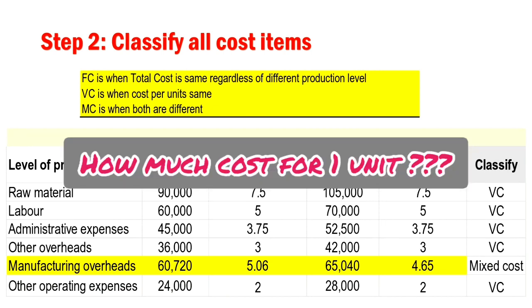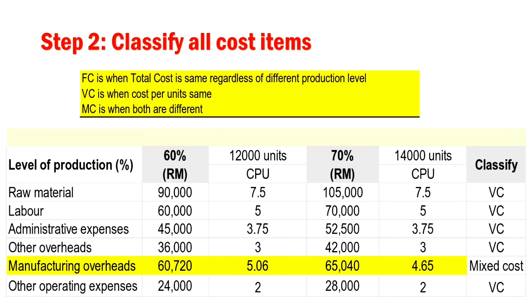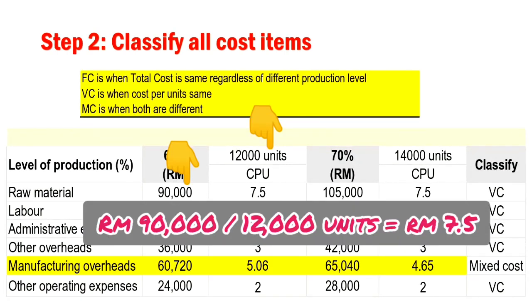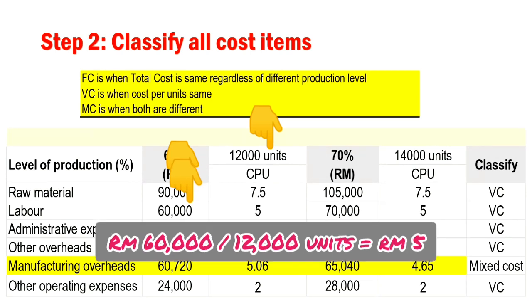For example, raw material is 90,000 from the question. This 90,000 is for 12,000 units. So 1 unit is how much? 90,000 divided by 12,000, you get 7.5. Labor is 60,000, for 12,000 units.